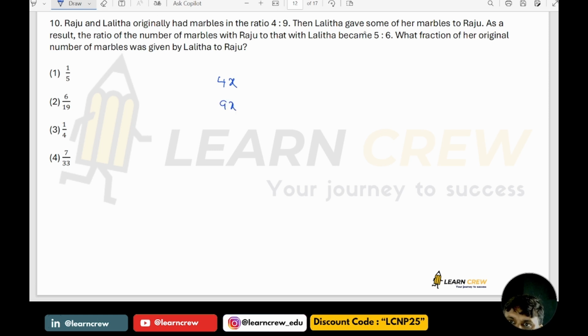Lalita gave some of her marbles to Raju. So let us say Lalita is giving some y marbles, so she is reduced by y and these are added to Raju. Then the ratio becomes 5 is to 6. Now if you simplify this, 24x, 6 into 4, 24x plus 6y, 5 into 9, 45x minus 5y.